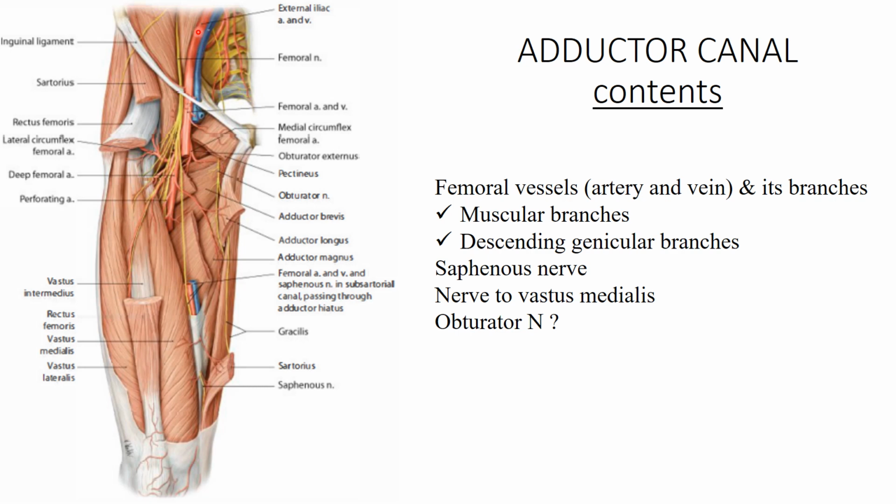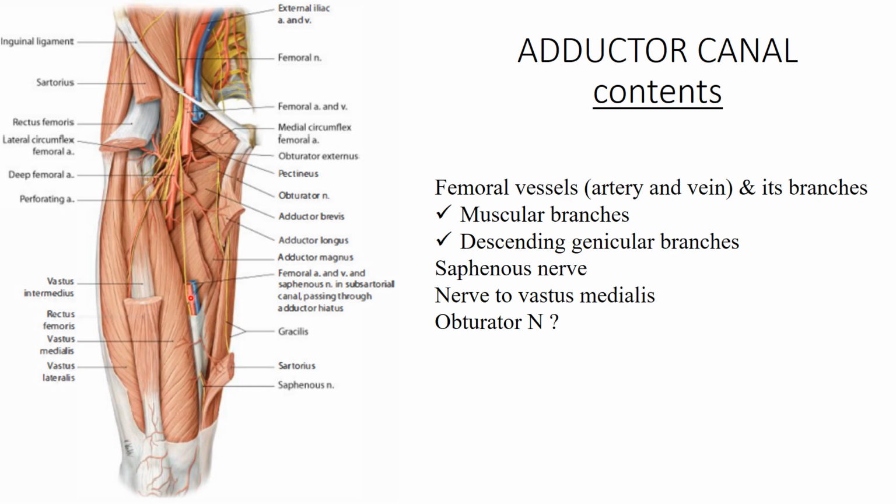Initially at the femoral triangle, the vein was medial and the femoral artery was lying laterally. As it descends into the adductor canal, the artery is now more in the anterior position. So it is lying anterolaterally and the vein is lying posteromedially.